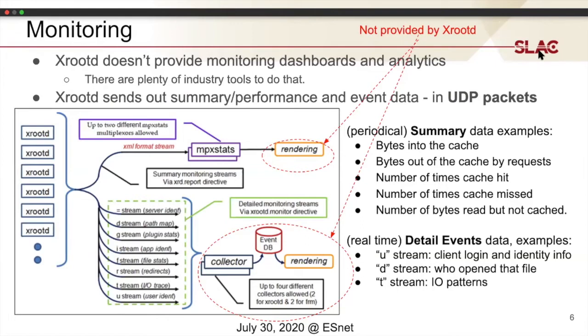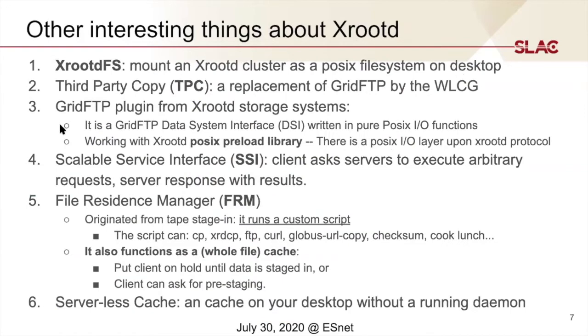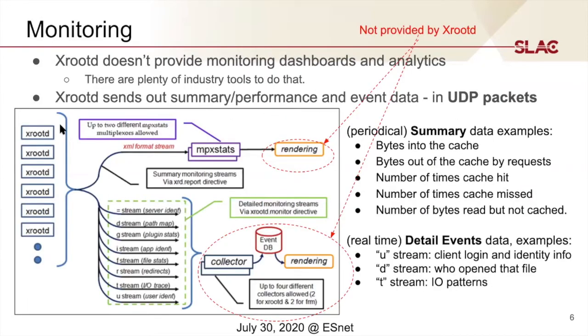The number of bytes that go into the cache, but did not have a chance to save the data because probably the storage was too busy. That's also summary information.